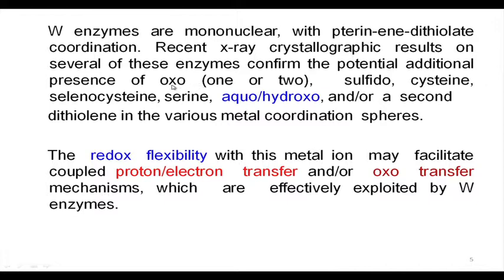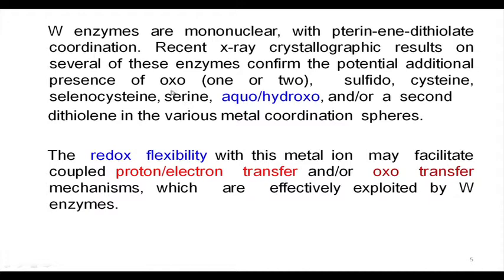So, it can be one oxo or it can be 2, because already we have seen the tungsten environment is covered by 2 of these pterin units. So, the remaining 2 positions, coordination number 5 and coordination number 6, can be occupied by one oxo or both the oxo groups, or can be occupied by sulfido function, cysteine function, selenocysteine function.